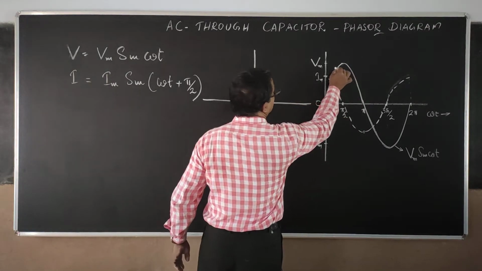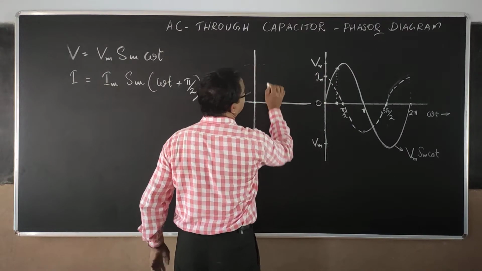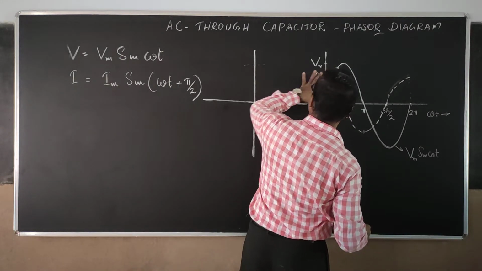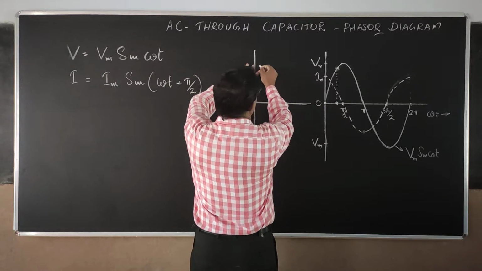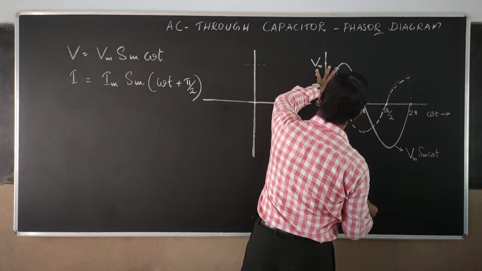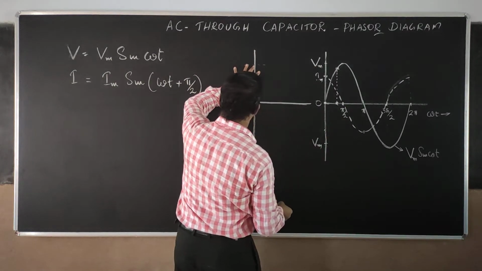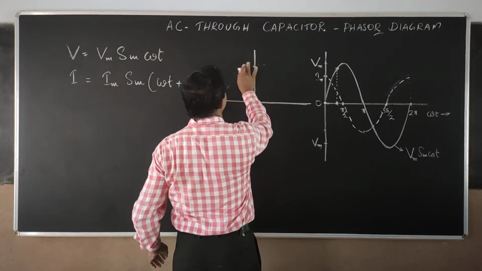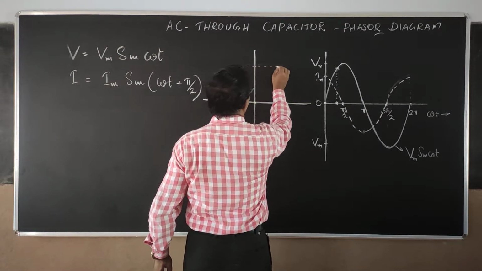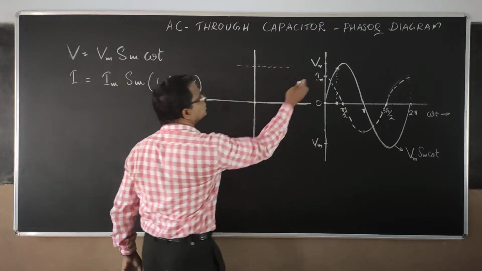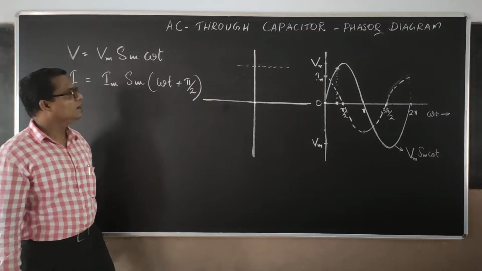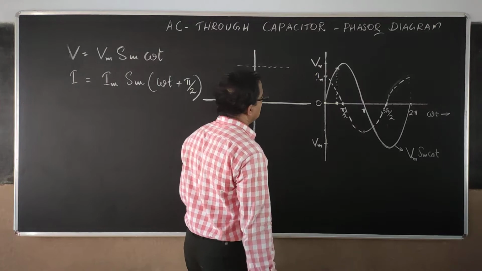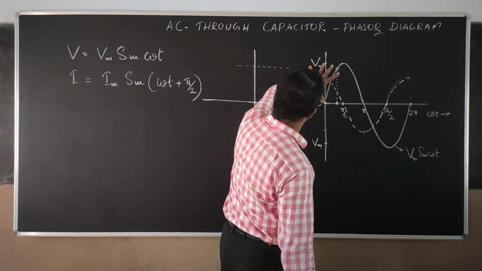So, the voltage must come here. This much is the voltage. So, this is the voltage corresponding to that. Then I'll be measuring the peak value. This is the peak value.